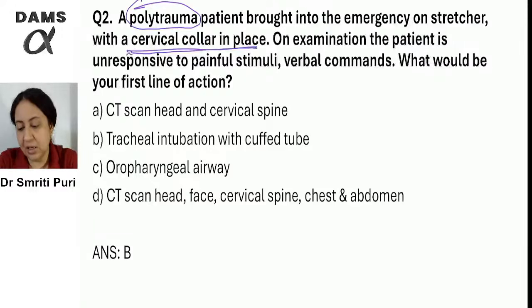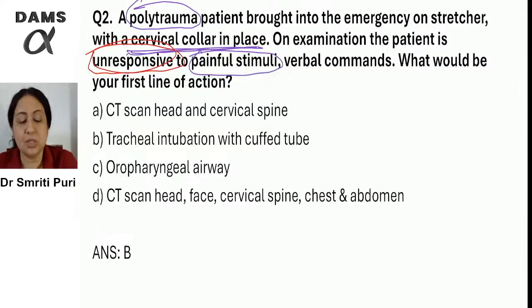So there is a suspected cervical spine injury. On examination, this patient is unresponsive to painful stimuli. Unresponsive. This is important. He is unresponsive to painful stimuli and to verbal commands. What would be your first line of action?